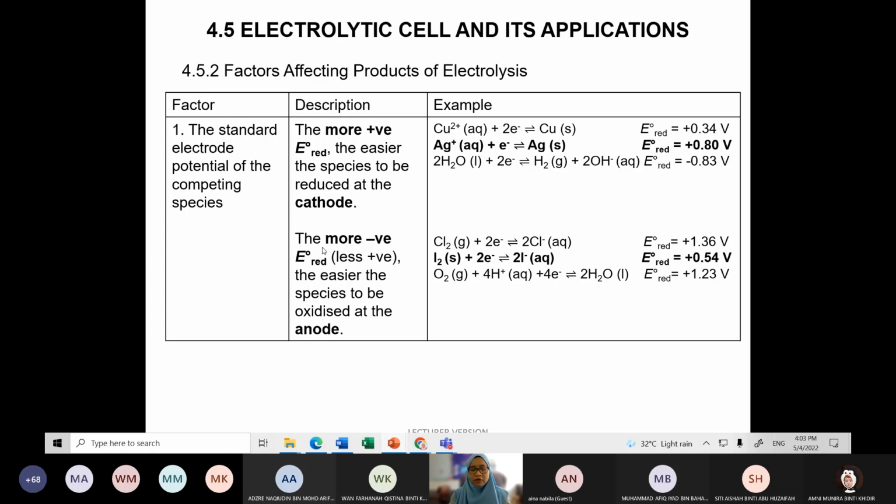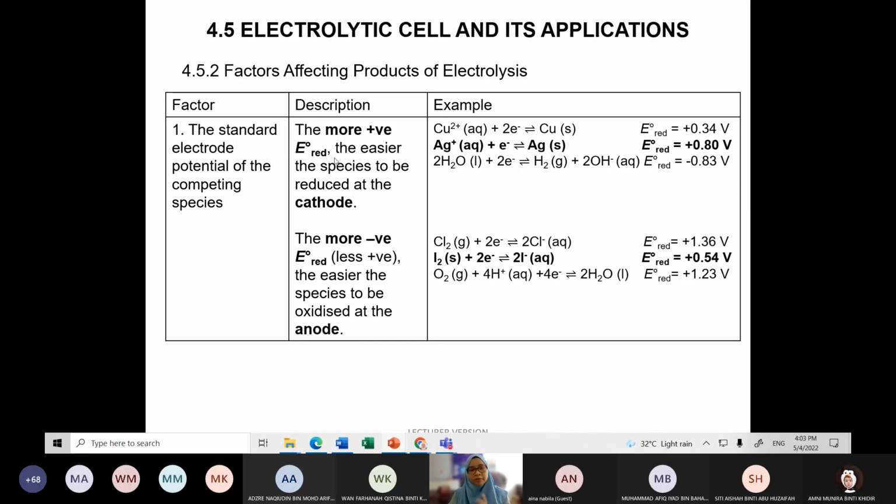Later on you will have to determine who will be discharged at the anode and who will be discharged at the cathode. The rule of thumb is to choose, for the reduction, based on the more positive E0 reduction from the SRP table.